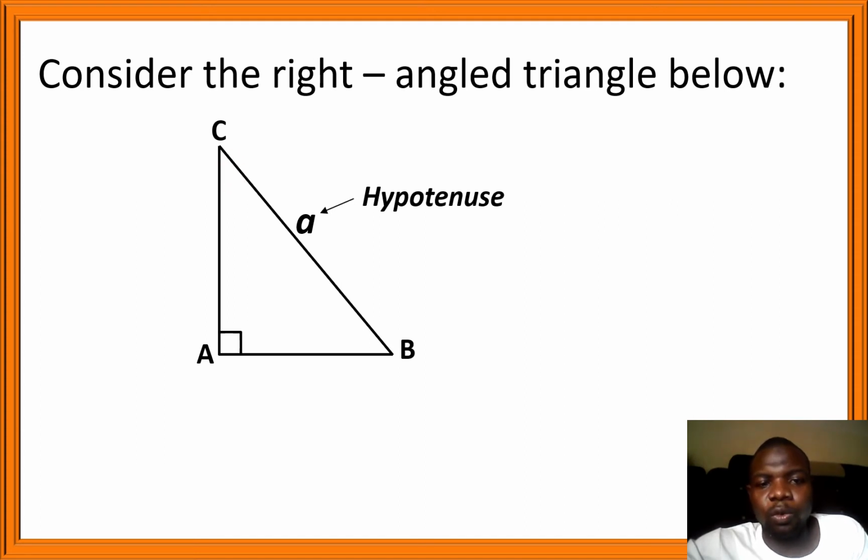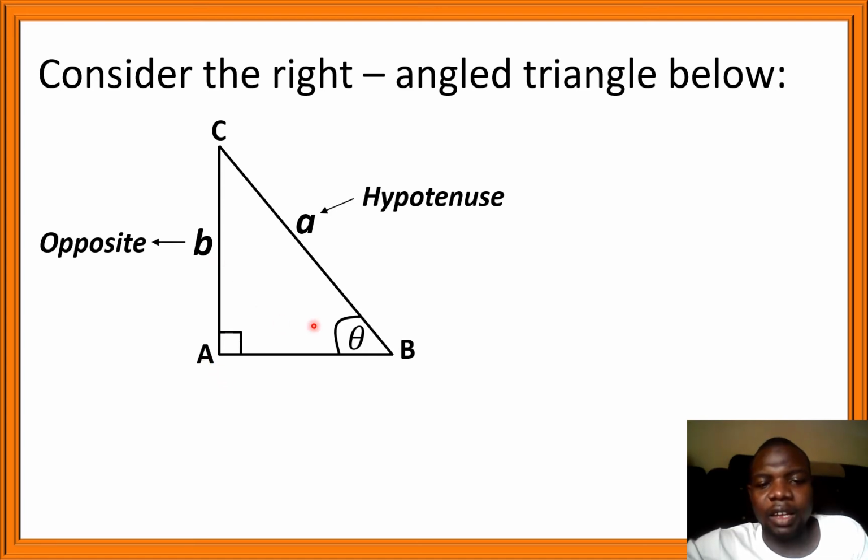So with respect to the angle, whether at B or at C, AC and AB have specific names, just like the BC. So let's consider an angle represented as theta at B. Then the side facing the angle, which is this side, becomes our opposite.